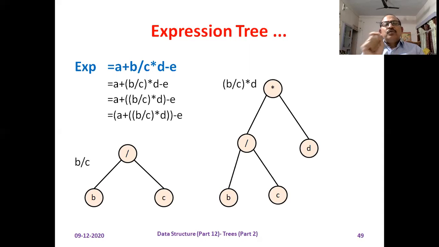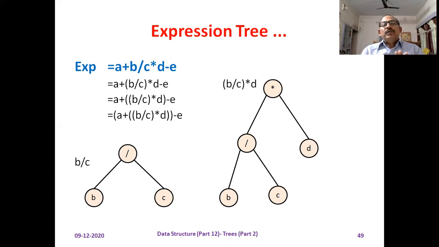Take star as the root node of a new expression tree, and make the existing expression tree for b divided by c the left subtree of the new expression tree, and make d the right child. Now we have made the expression tree for b divided by c into d.